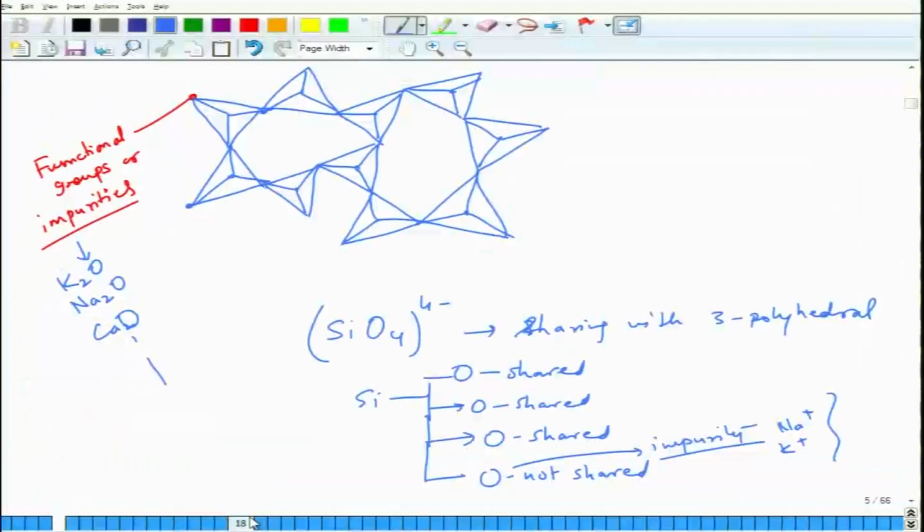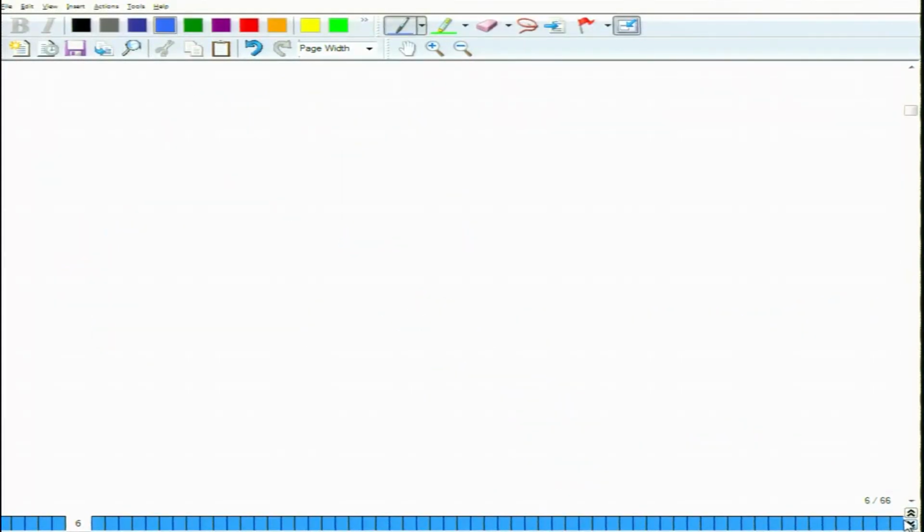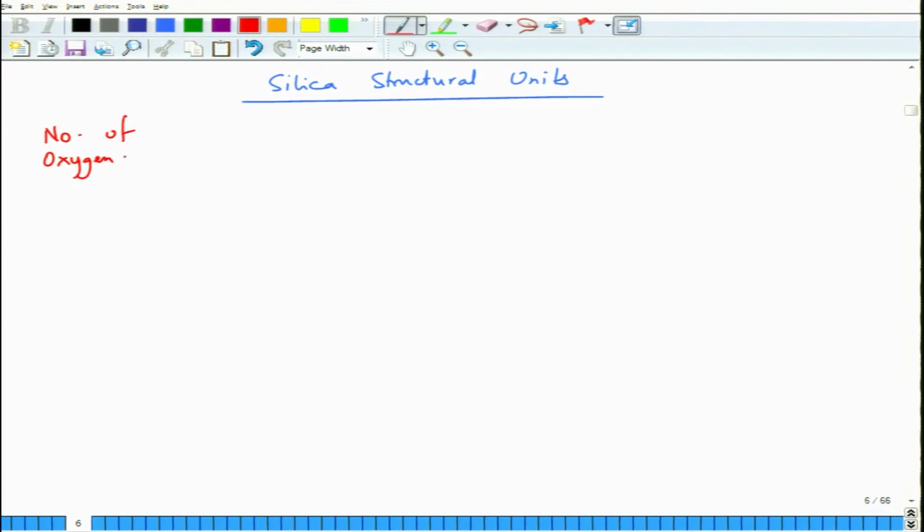Let me now show you how it happens. Let us say silica structural units can be presented in different ways. Okay. So, let us say the criteria is how many oxygen ions are shared.